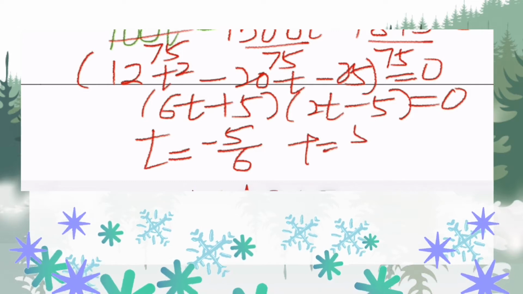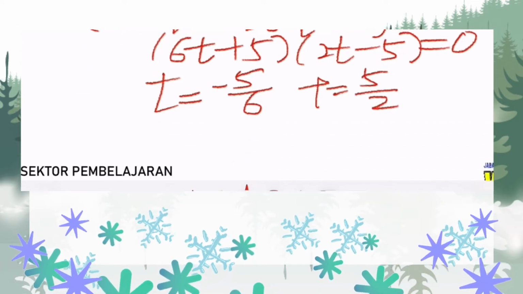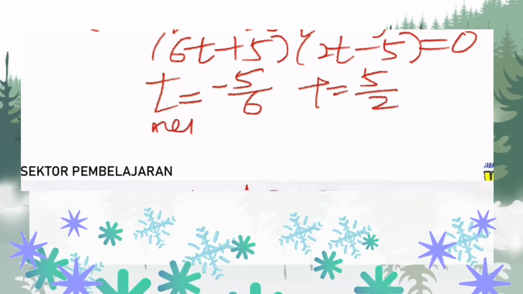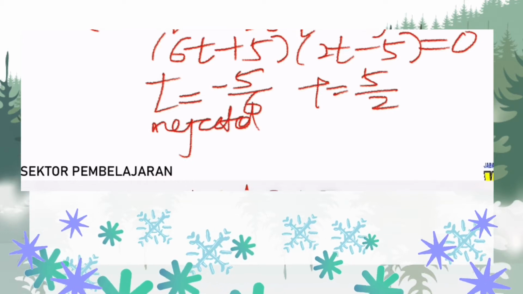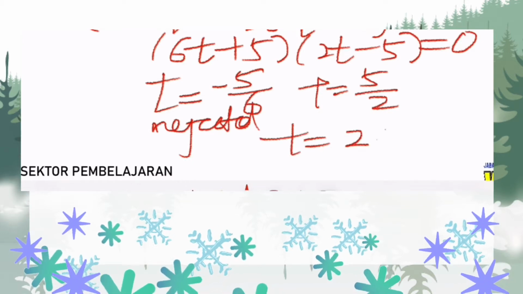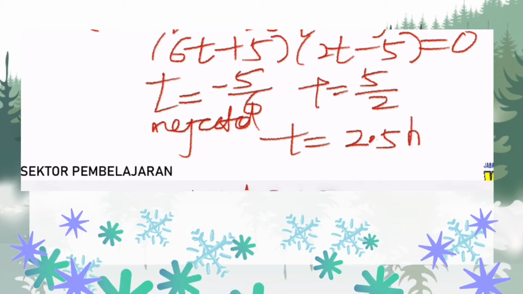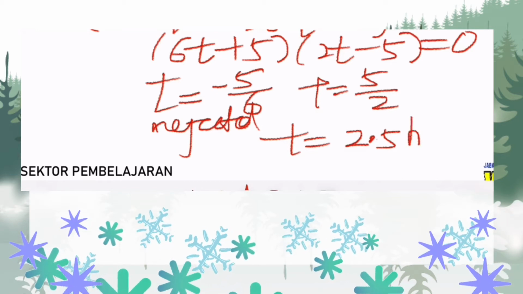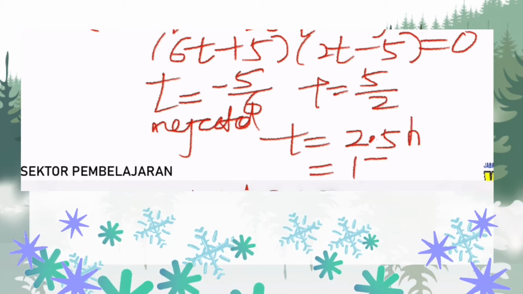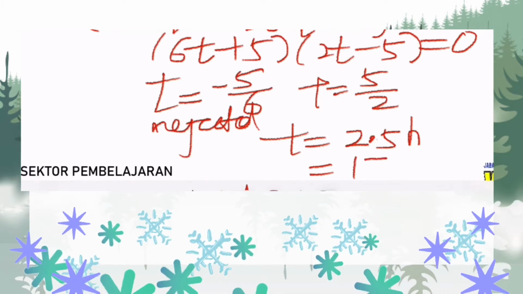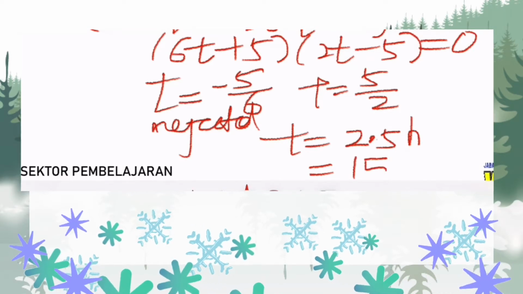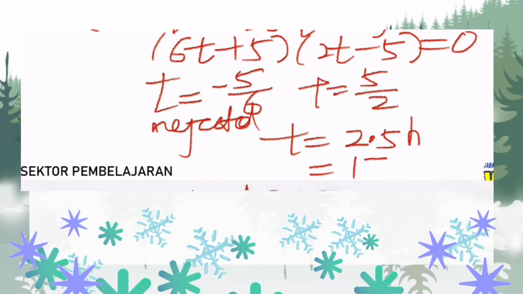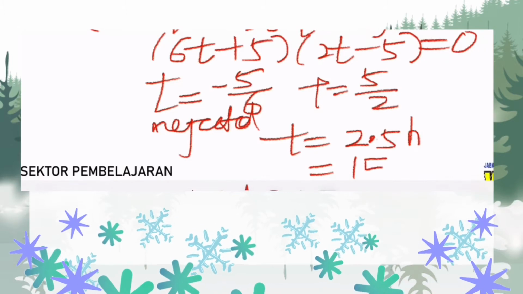If I let each factor equal to 0, t should be 5 over 2. We don't have negative timing, so we reject negative 5 over 6. That means the time taken is 2.5 hours, or 150 minutes.